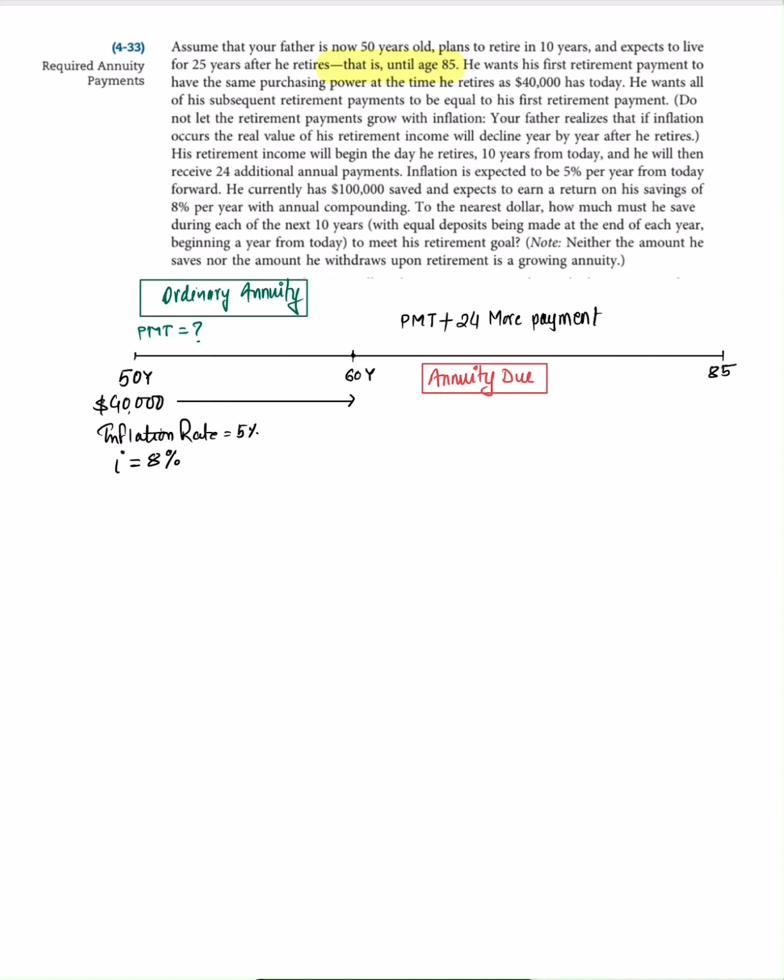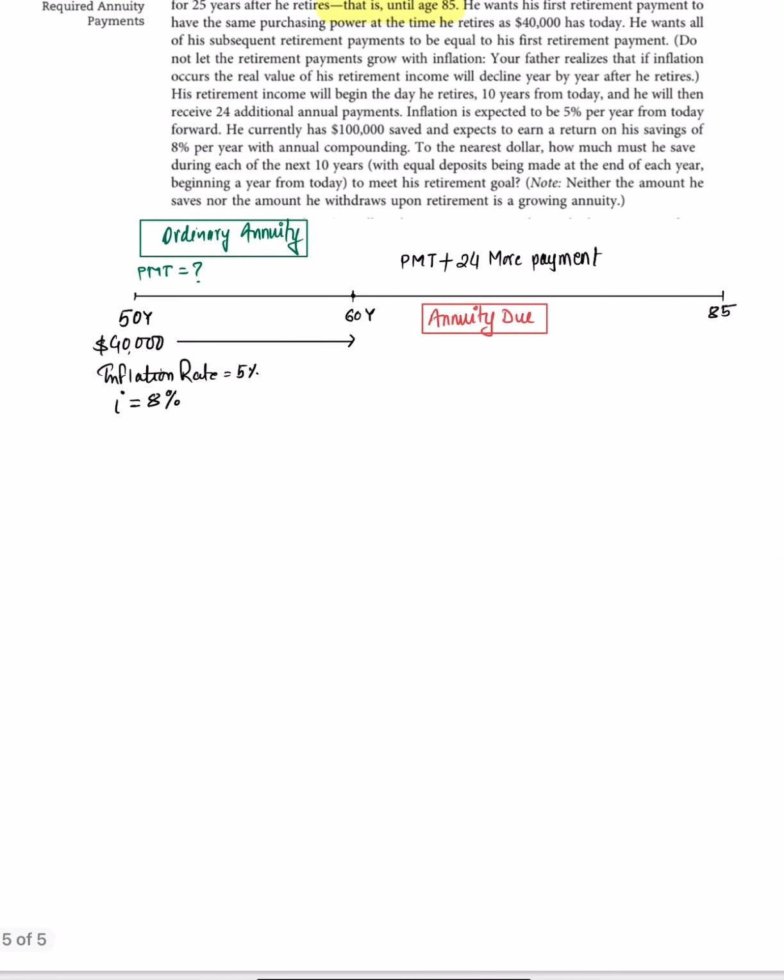His idea is that today's 40,000 is the equivalent amount of whatever this can purchase, and he wants to get that from then onward. So we need to find out how much that 40,000 turns out to be 10 years from now after considering inflation, that is, the equivalent annuity considering 5% inflation.